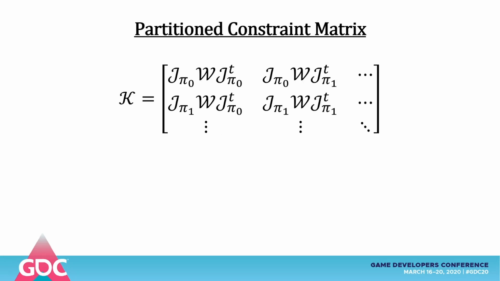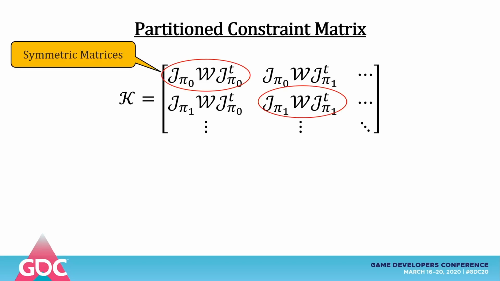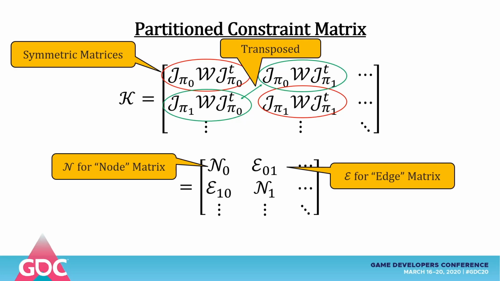The block structure on the Jacobian naturally induces a block structure on the constraint matrix. Note that the square blocks on the diagonal are symmetric matrices, and the opposite off-diagonal blocks are transposes of each other. We will call these N and E. N stands for node matrix and E for edge matrix. We will see later this comes from graph theory.